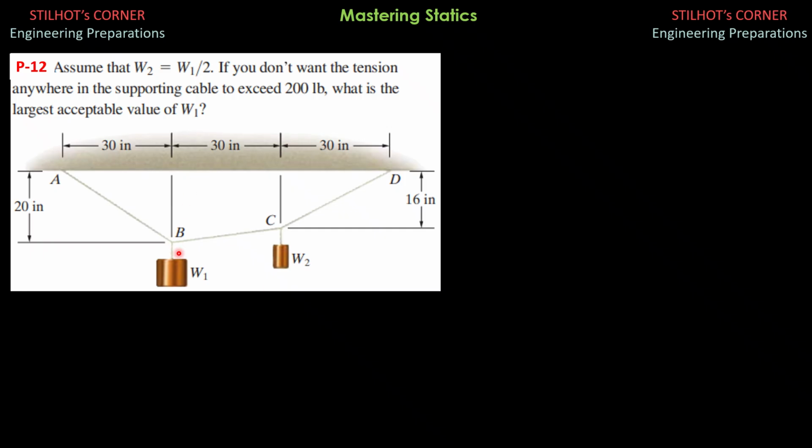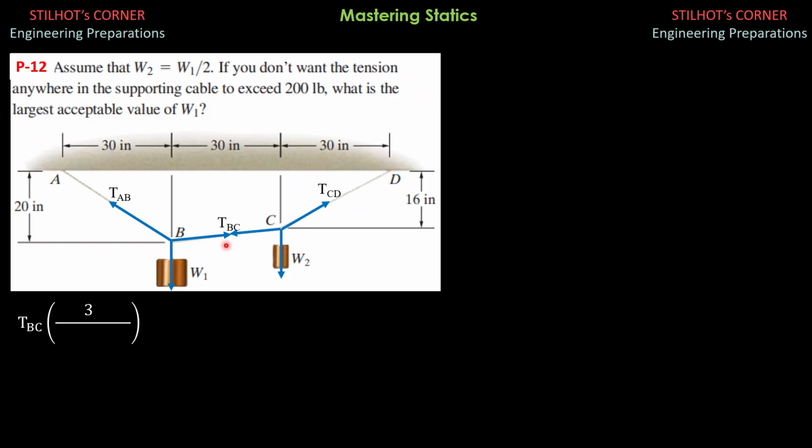So at B, the free body diagram, by the way, is as shown. So summation of horizontal forces equals 0 to relate the two. So tension BC, this is 30 and the vertical is 4 inches. 4 inches is 20 minus 16. Then AB, 30 horizontal, 20 vertical.